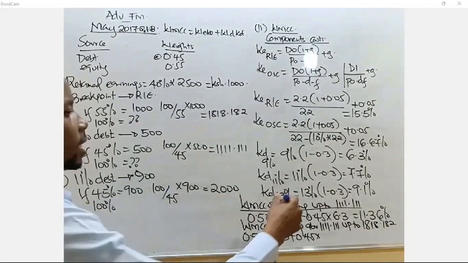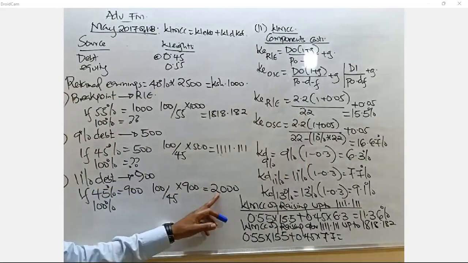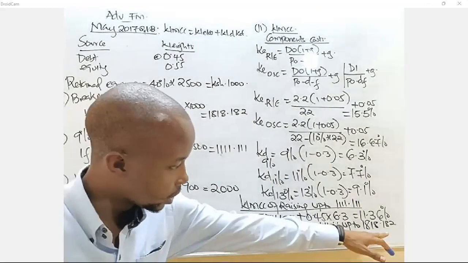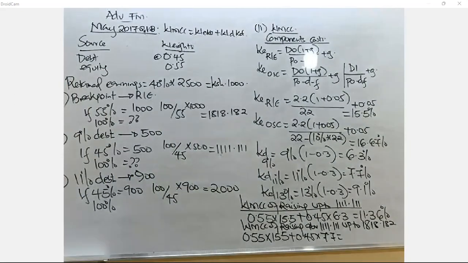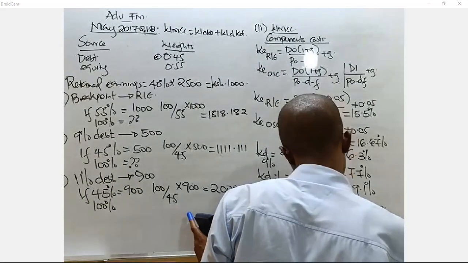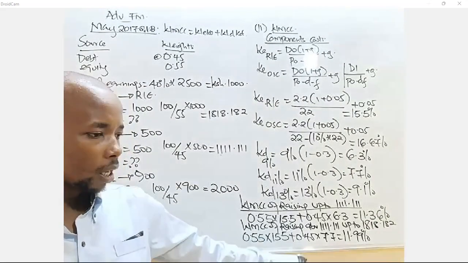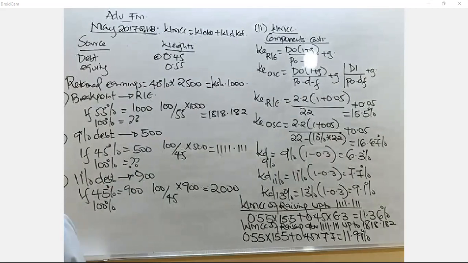We can talk about 7.7. Remember 7.7 is raising 2 million, which is within the range for 1.82. So 0.55 times 15.5 plus 0.45 times 7.7, getting 11.99%. I know you can see where this is coming from.